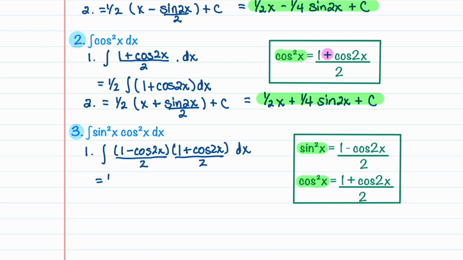Let's pull the 1/4 out in front, and then multiply these two quantities right here. This gives us a 1, and then notice the middle terms cancel out. That's really nice. And then we have a minus cosine²2x dx.